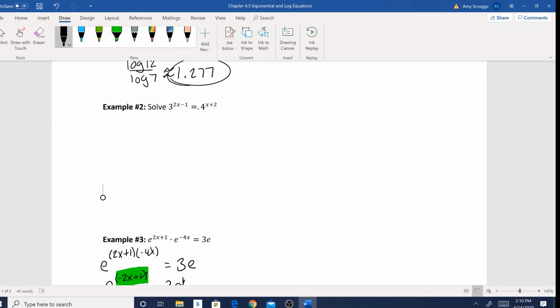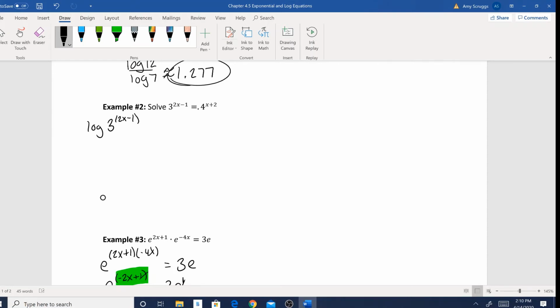If you see this kind of problem in your homework, and I haven't decided if I'm putting it on the test, but if I do, the first thing you need to do is apply log base 10 to both sides. Log base 10 is just log, the common log, so you don't have to do anything crazy.